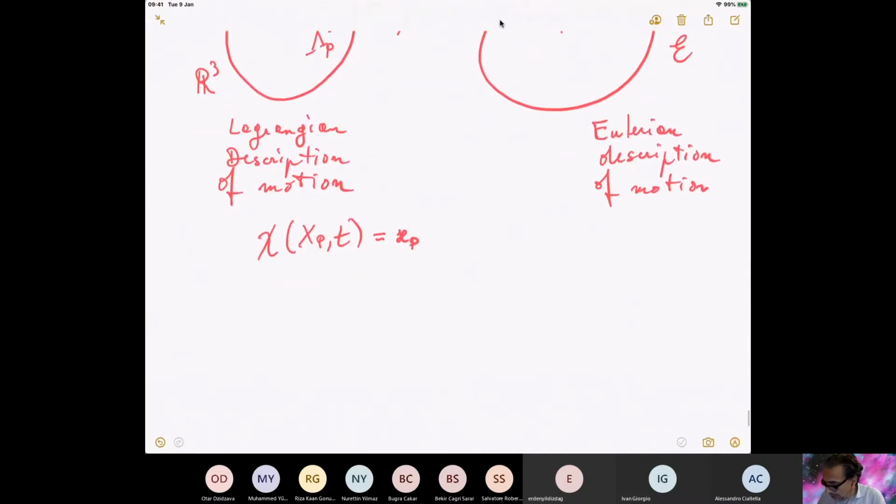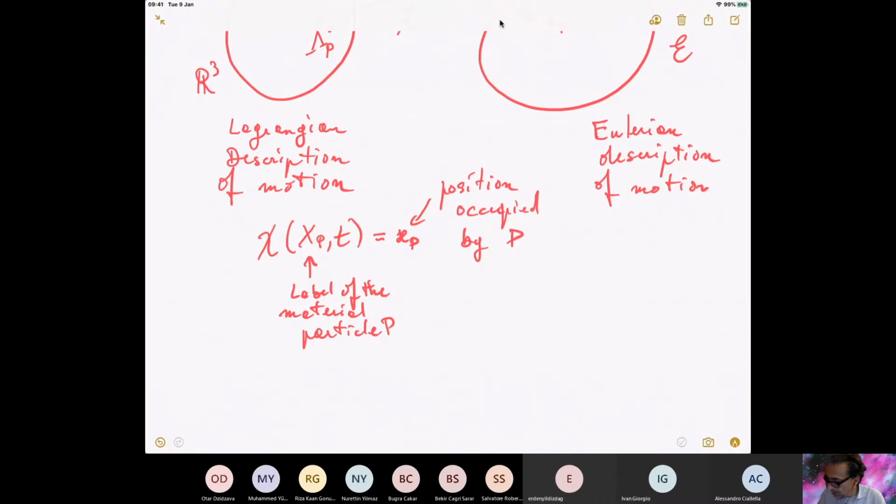So this is the label of the material particle. And this is the position occupied by the material particle P.